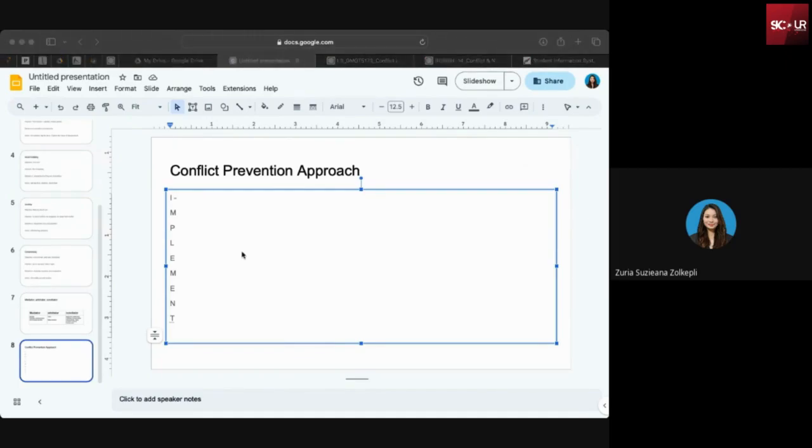Okay. So in terms of implement, this one is conflict prevention.